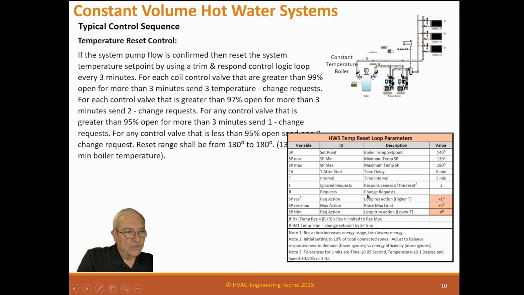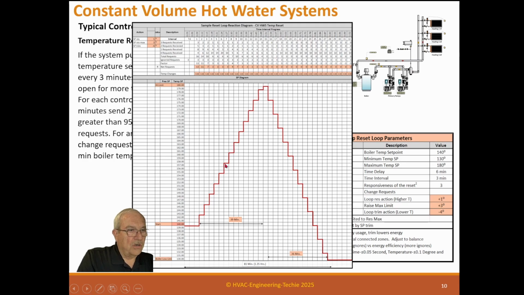And I always generate a chart, and the reason for this is trying to determine what the time is. If you start at your set point of 130 degrees, 140 degrees, and it's super cold outside, so you start getting requests, it's going to wait the 6 minutes, and then it's going to wait 6 minutes, and then it's going to surge, and it's got all kinds of requests, and it's going to go up to maximum.